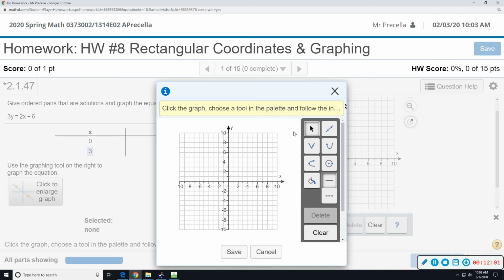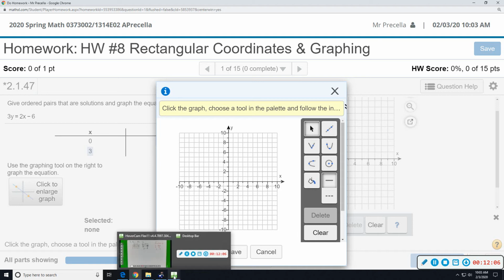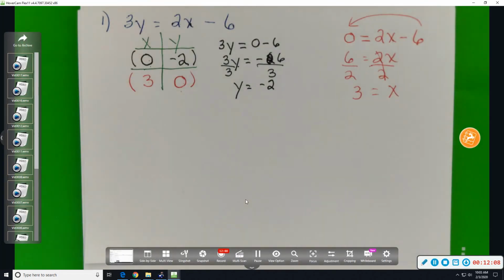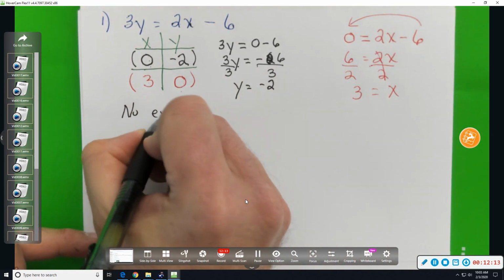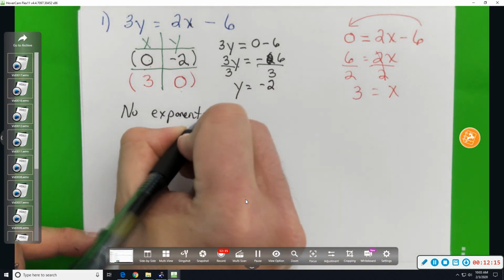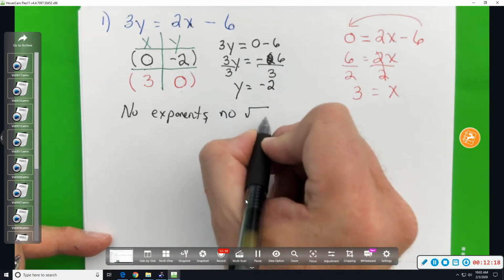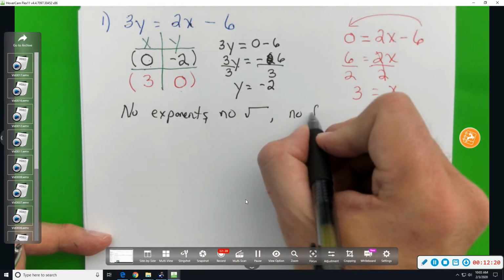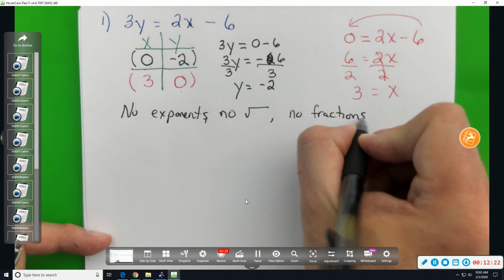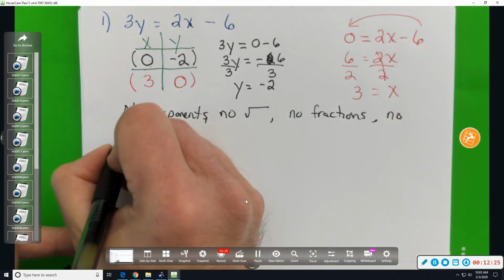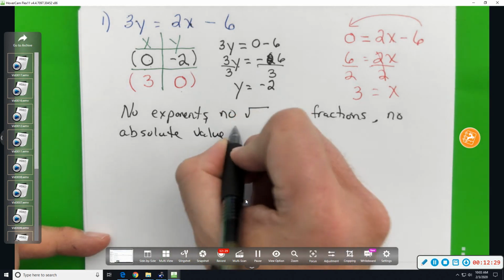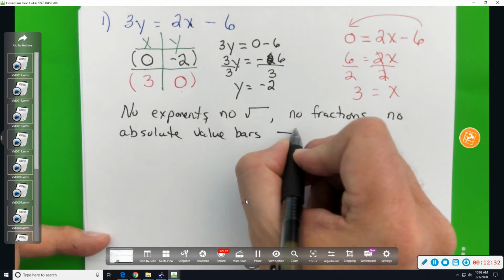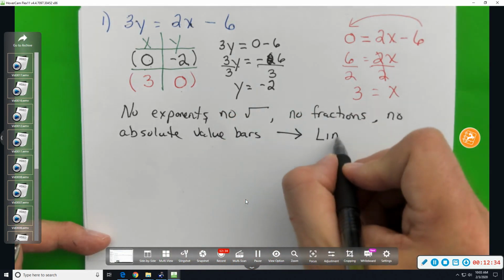Okay, so how do you decide what sort of graph this is going to be? Well, if your equation has no exponents, if there's no square roots, if there's no fractions, if there's no absolute value bars, then the graph is just going to be a line.